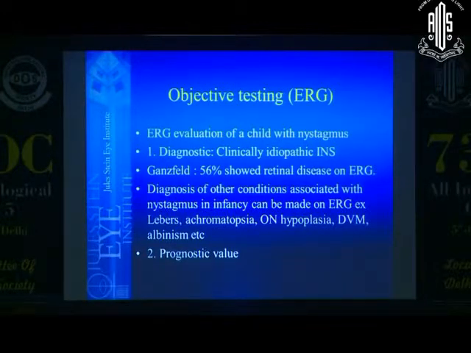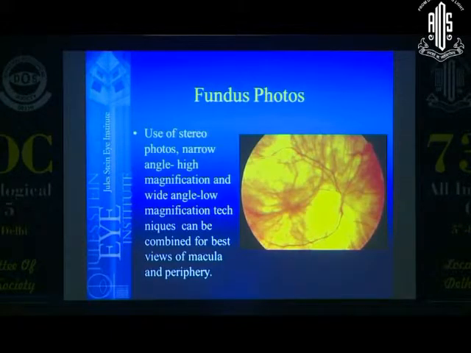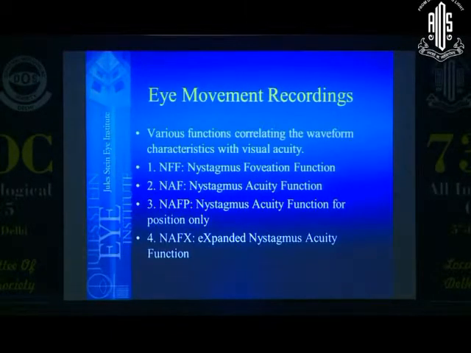So that was an interesting observation for me. Of course, with the new spectral domain OCTs, it's getting better to image the retina, the macular area in children, which was initially not possible, and I think this has its significance in albinism patients. Of course, fundus photos for documentation.